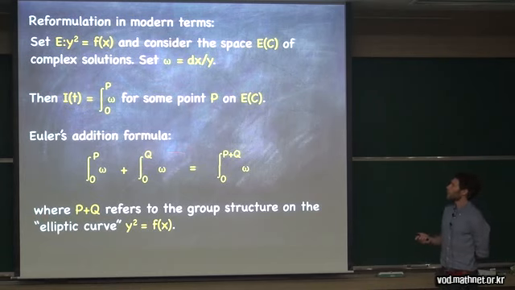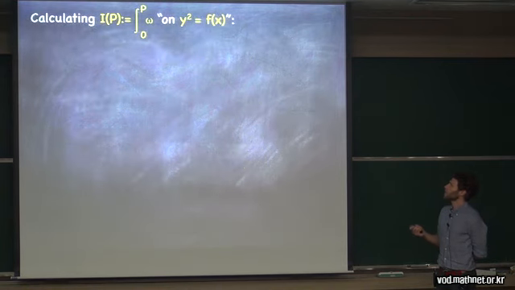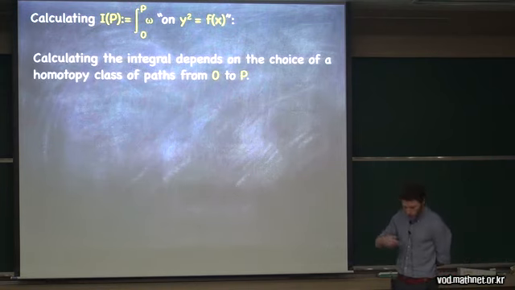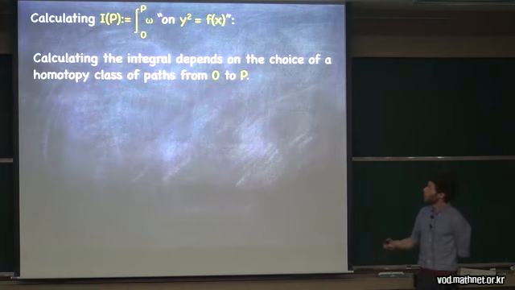Okay, so now let's try to calculate this integral. So now we write I of p instead of I of t for this integral over omega. In order to calculate this integral, we have to choose a path where we go from, let's say, some specified point O, which we think of as the origin or the neutral element on our elliptic curve.